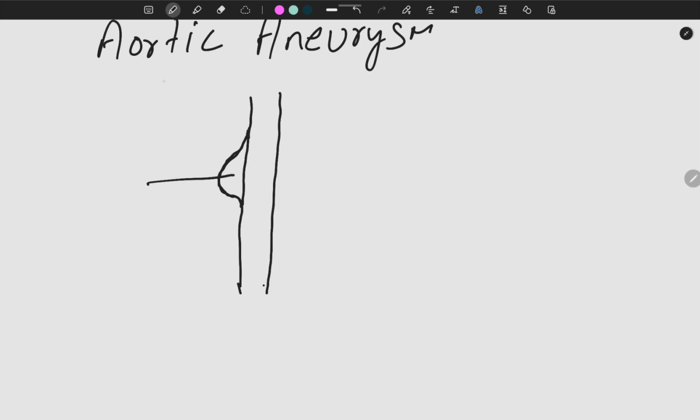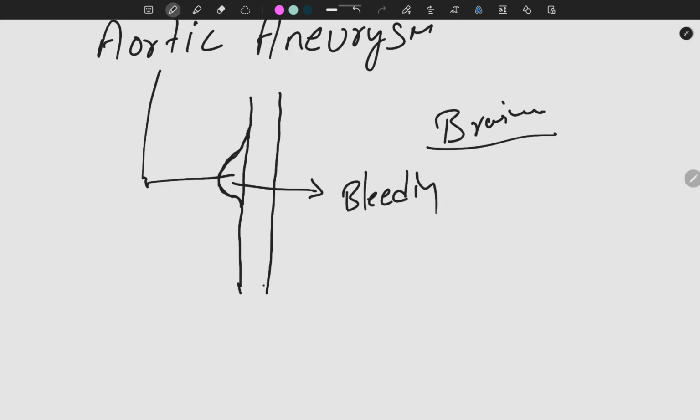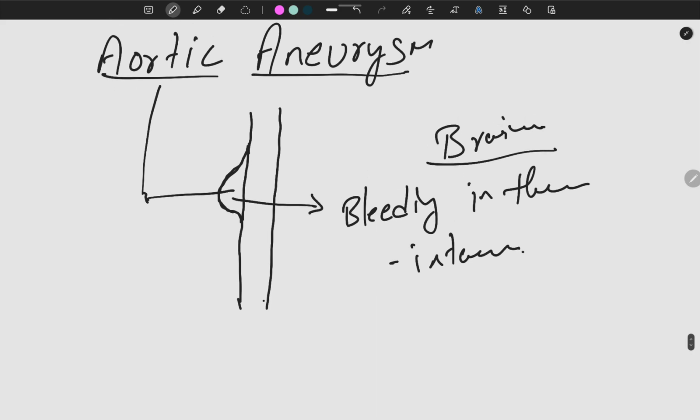So it is known as aortic aneurysm. If it is present in the arteries of the brain, when it is ruptured, it will lead to bleeding. Bleeding in the brain is nothing but internal bleeding. So that is aortic aneurysm.